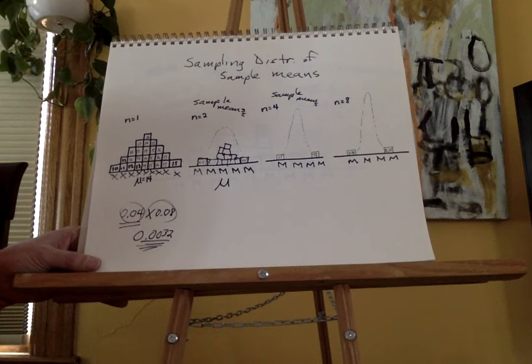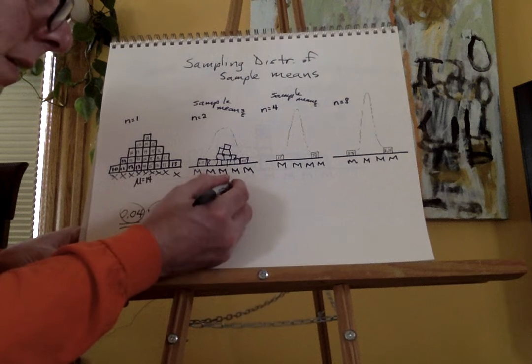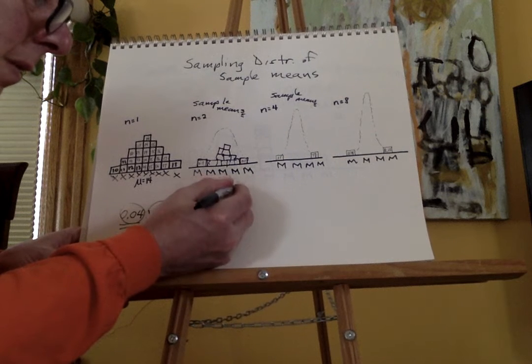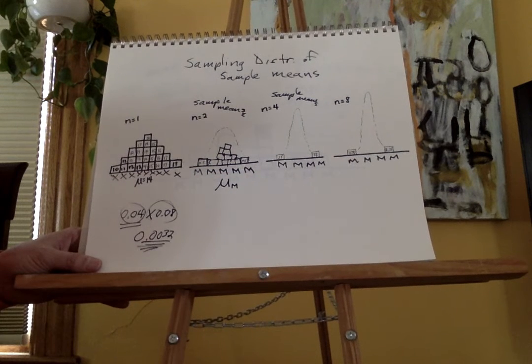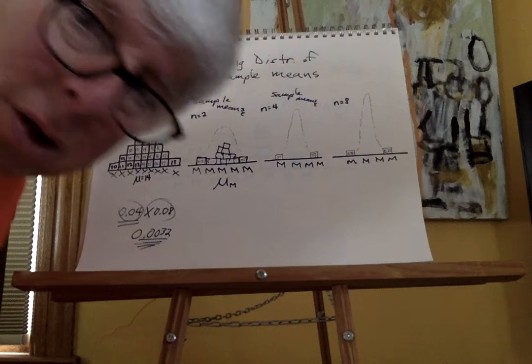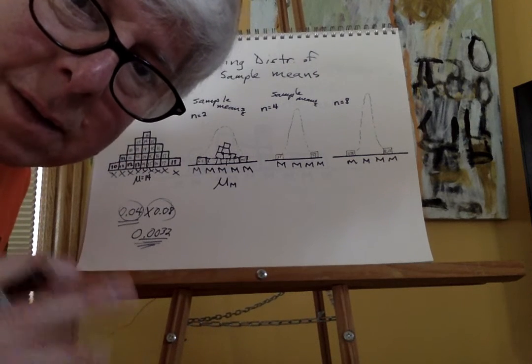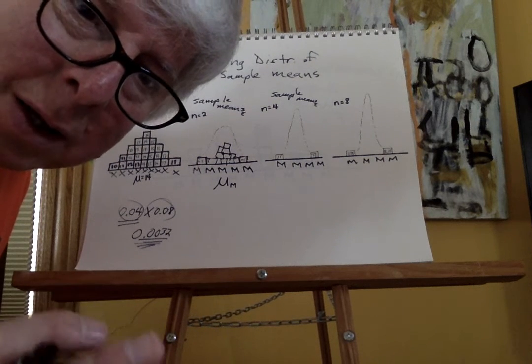The mean, I'm using mu here, I'm going to subscript it with an M. Let's take this slow. This is the mean of the distribution of sample means. You cannot say that in a shorter way.